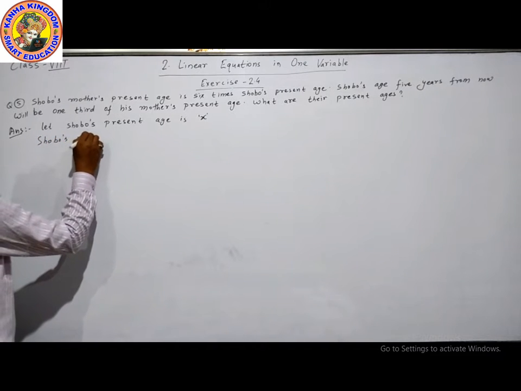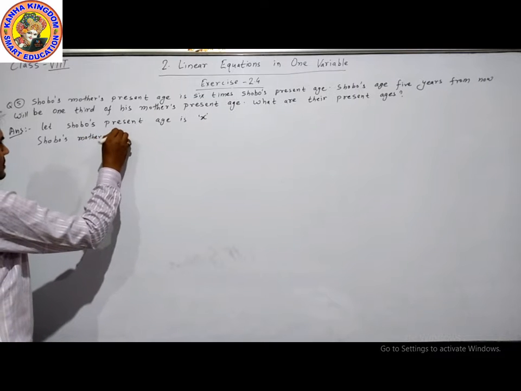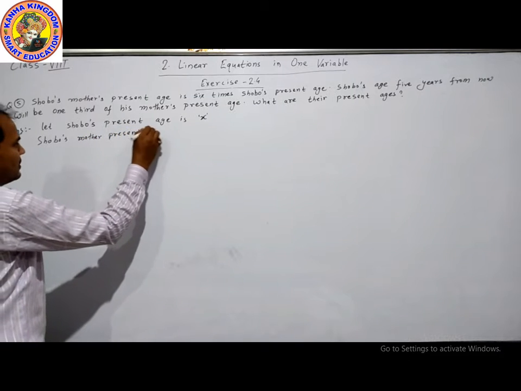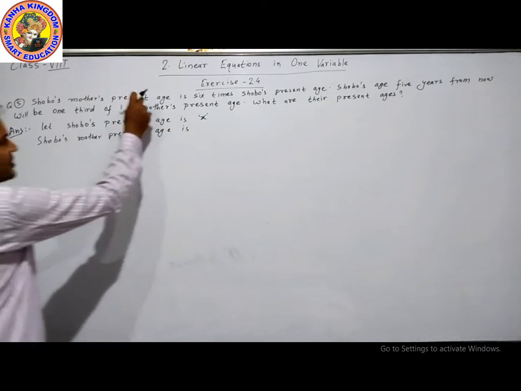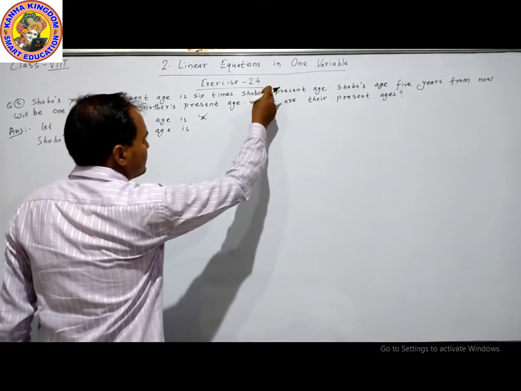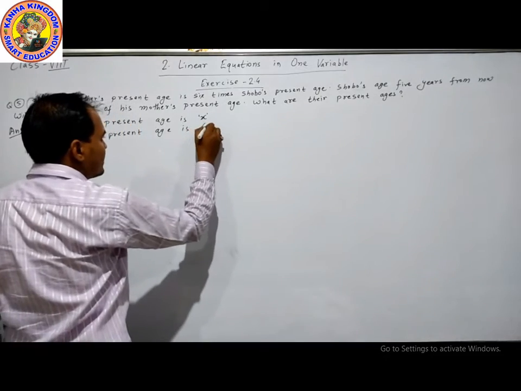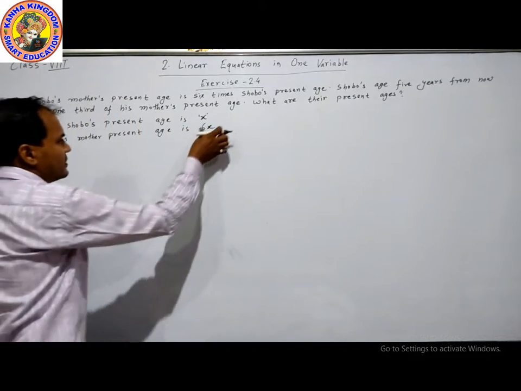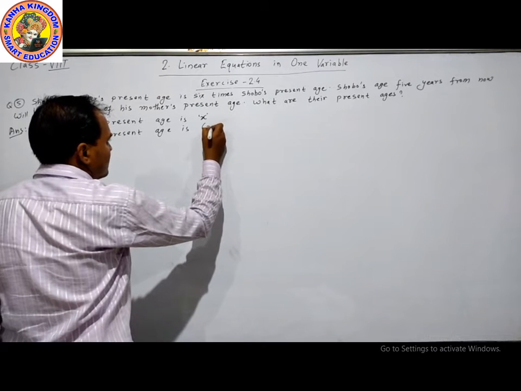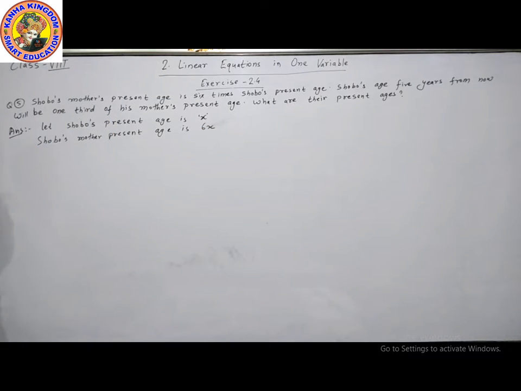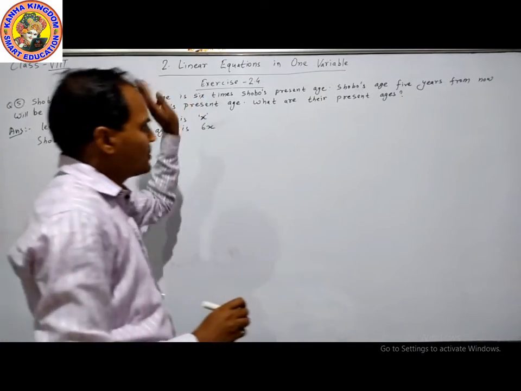Mother's present age is 6 times Sobo's age, means 6x. This is our 6x. This is our question's first line.